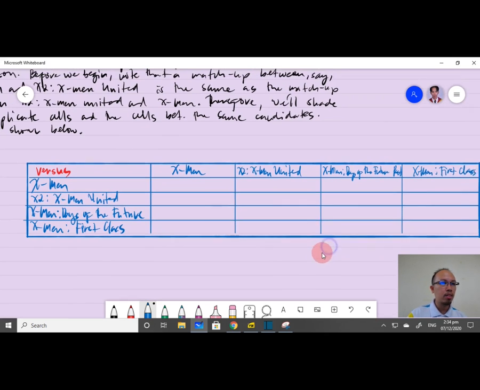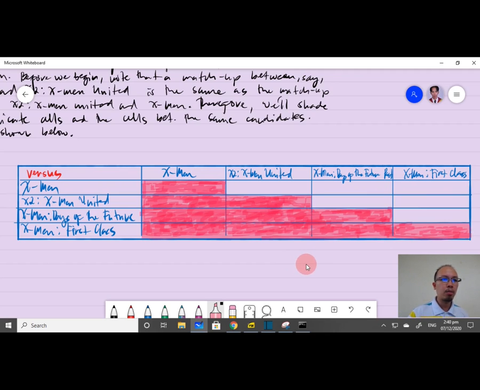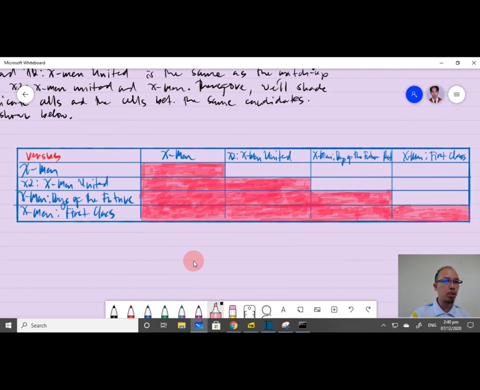Okay, just give me time to shade everything here. Maybe this color here. Okay, this color is right. It will take time to shade everything. This one also, this one here, and so on and so forth. Okay, I've completed the shading, as you can see here. So let's move now to the first matchup.